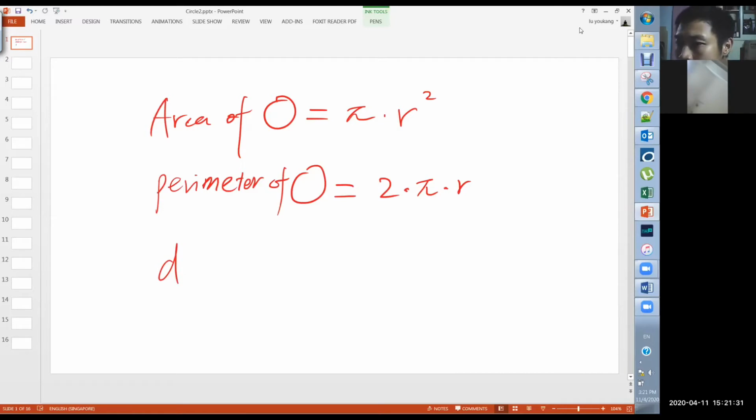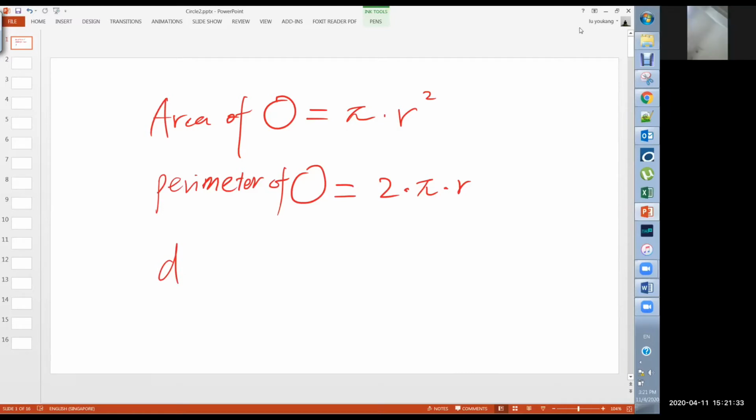The diameter equals to 2r. 2r means what? 2 times.